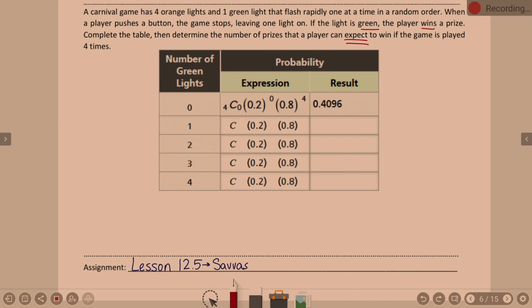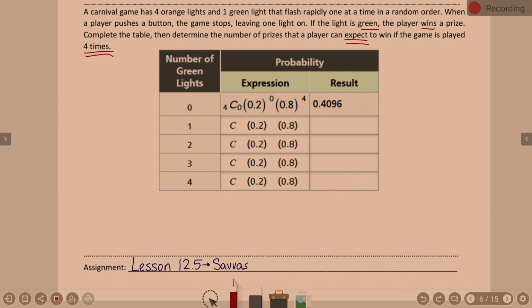I'm trying to remember how this works. Okay, the game is played 4 times. That's what it was. That's the part I overlooked. Too many 4s in this problem. Okay, so they play the 4 times.